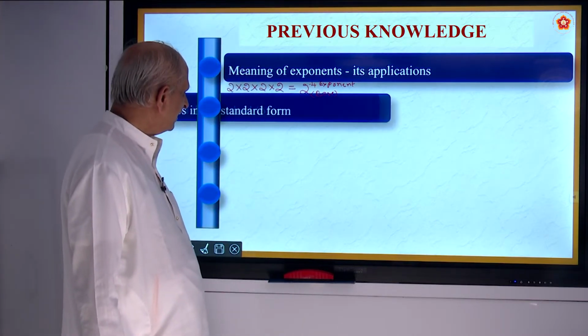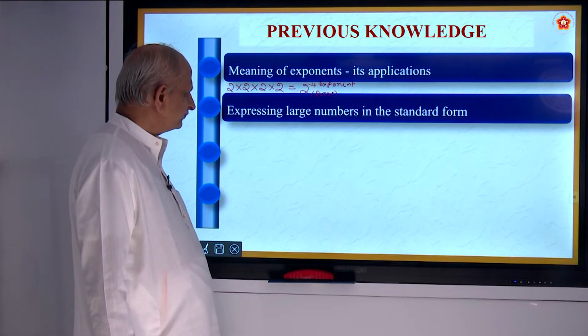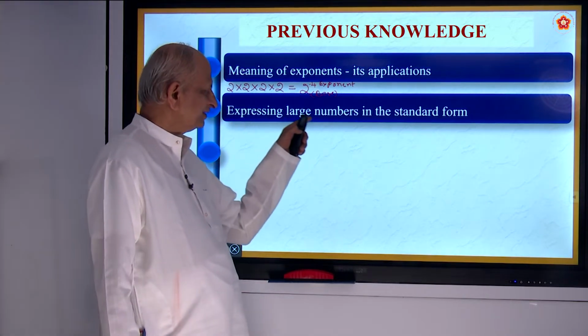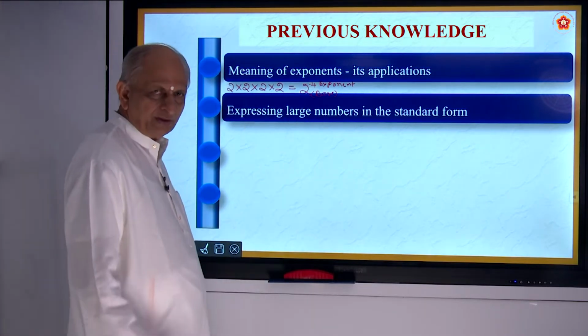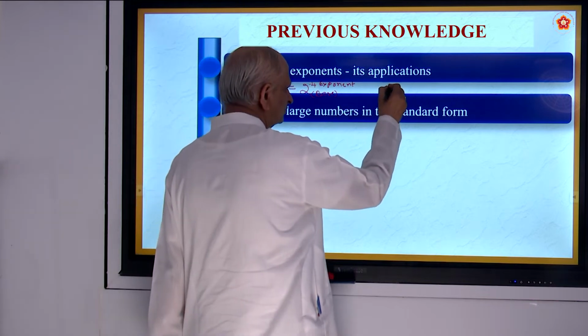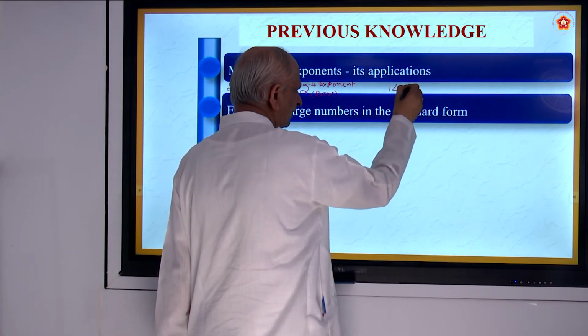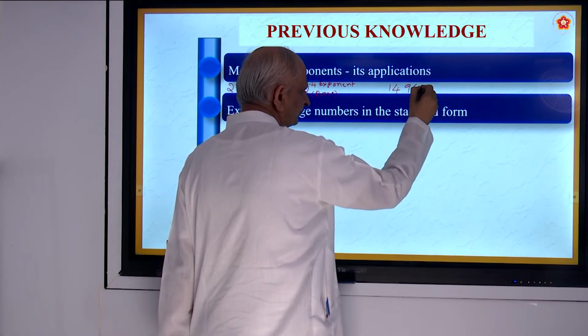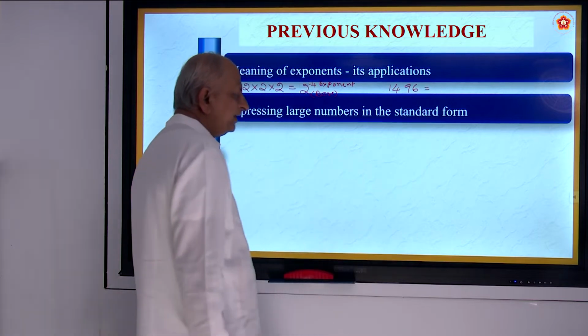And also, expressing large numbers in the standard form. Suppose you have a number like 1496. It can be written in the standard form.